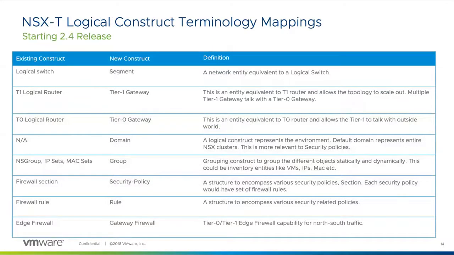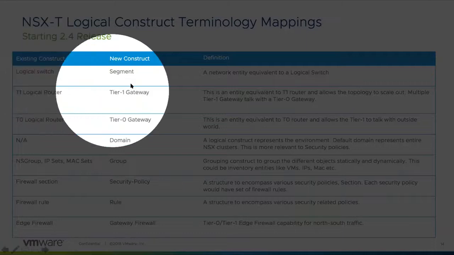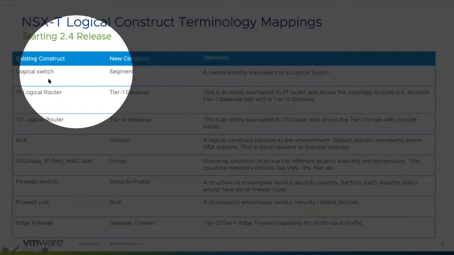All right, so here's sort of a terminology map. You might be familiar with some of these if you're in the NSX for V world. We used to call things a logical switch, and we now kind of refer to them as segments.